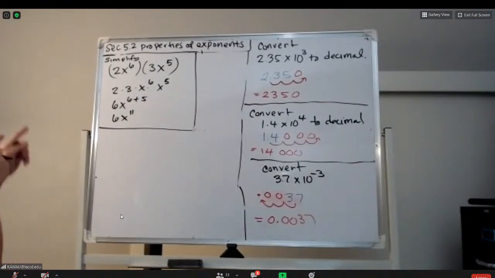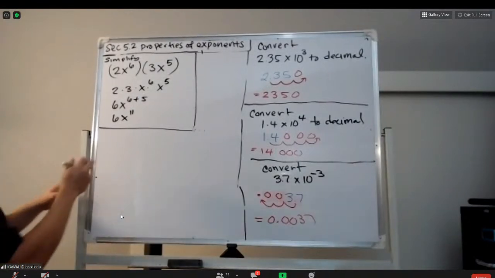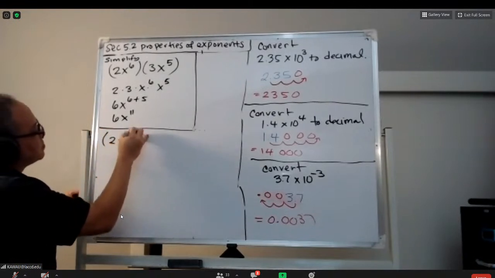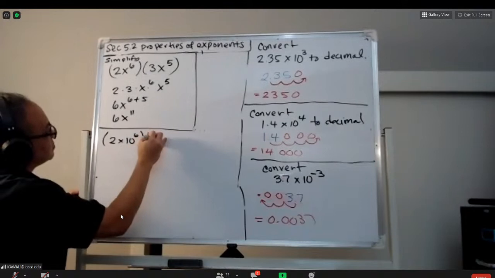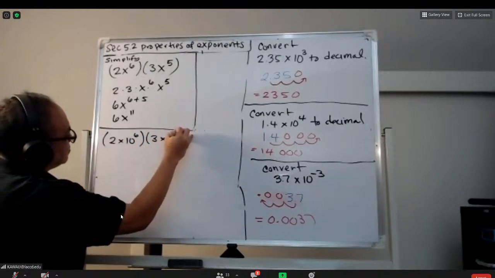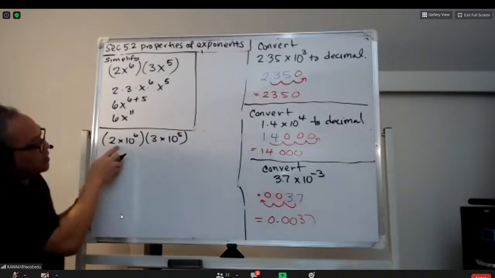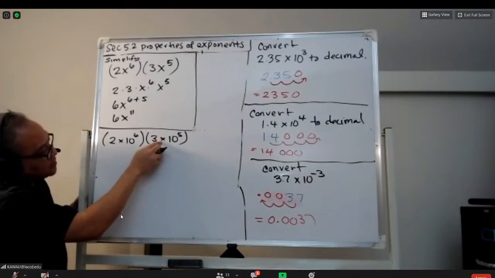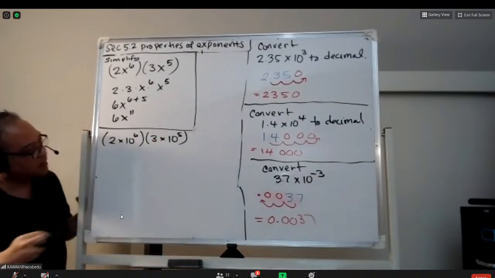Now, let's change this into a scientific notation problem. Now, this x and that x, that's a multiply. These are not variables. These are multiply.